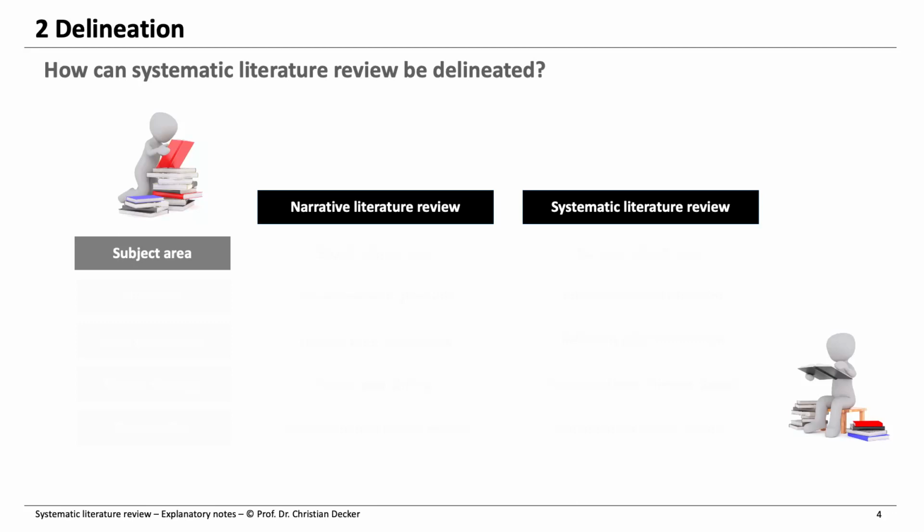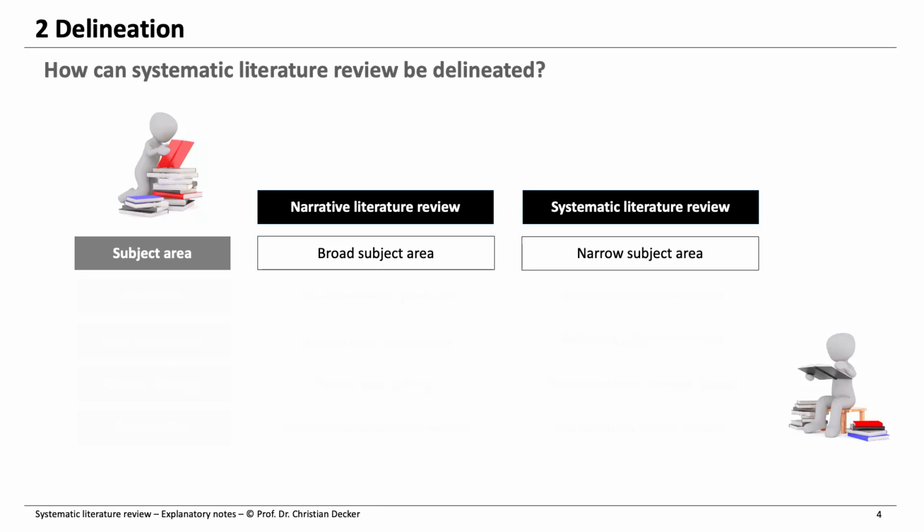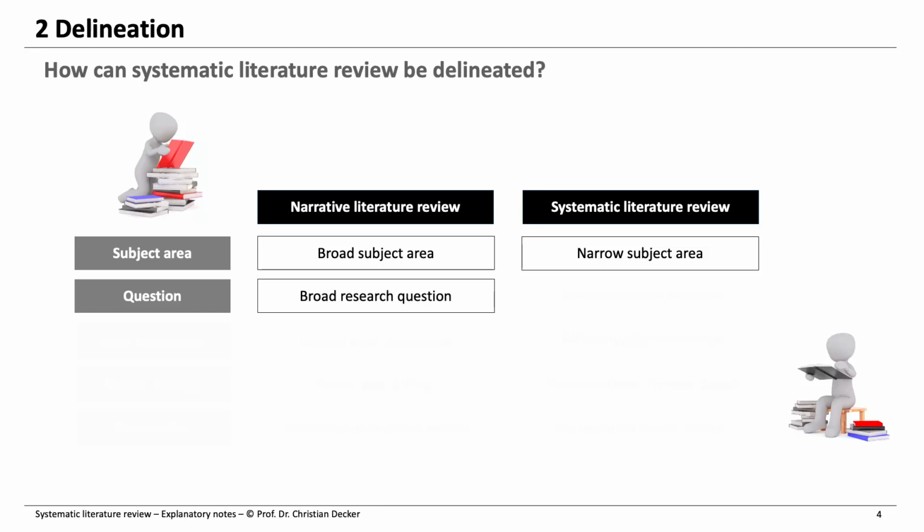Narrative literature review targets broad subject areas, whereas systematic literature review addresses narrow subject areas. Question. Narrative literature review is conducted if the research question is of a relatively broad nature, whereas systematic literature review is appropriate when working on a specific research question.